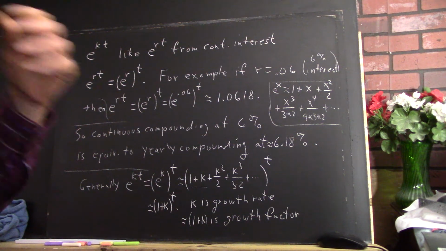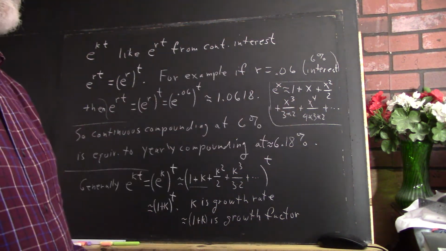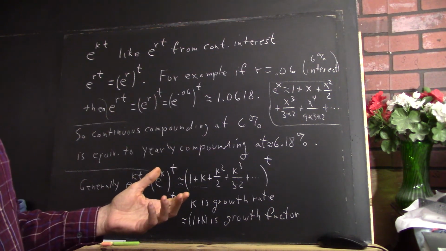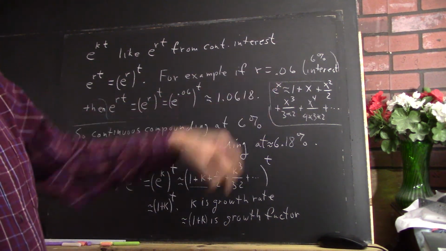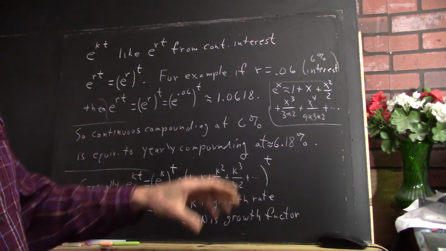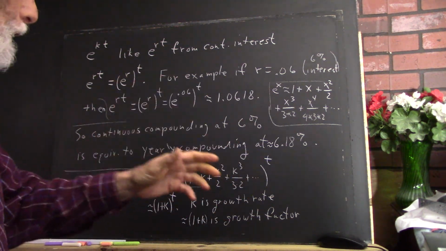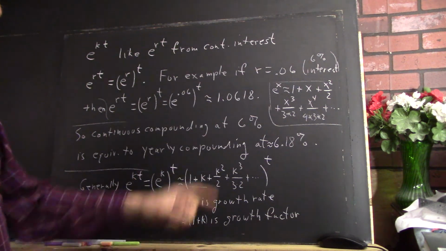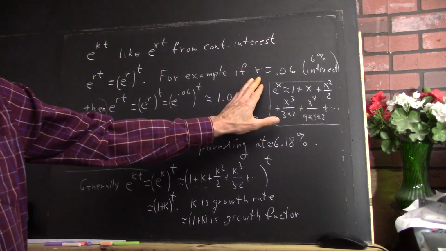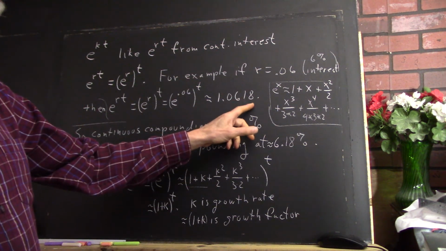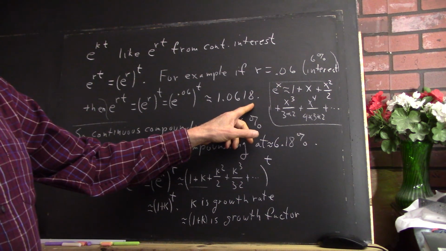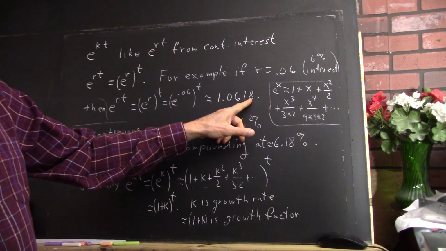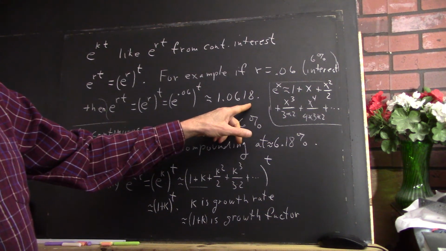If you're trying to model a population, or you're trying to estimate inflation at 6% and the effect of inflation, and it's an estimate, something that you can't work out exactly, then the 1.06 is just as good as a 1.0618. Okay? If it's an investment, that amount will be there.